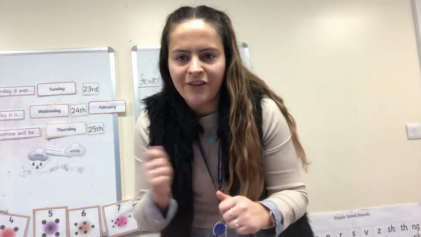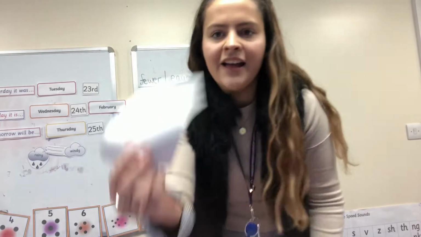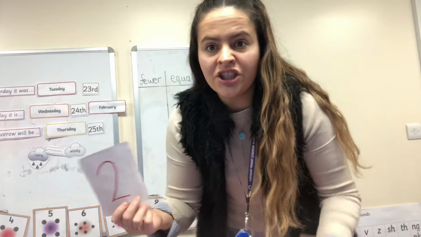So what we're going to do is, at first, I'm going to show you some numbers so you can quickly have a look. I'm going to quickly show you a number like this. And I want you to shout out at the TV or the tablet, whatever you're watching this on, shout out the number, okay?